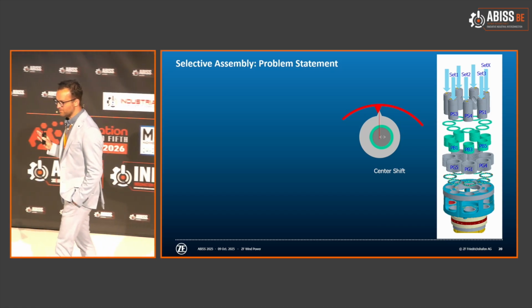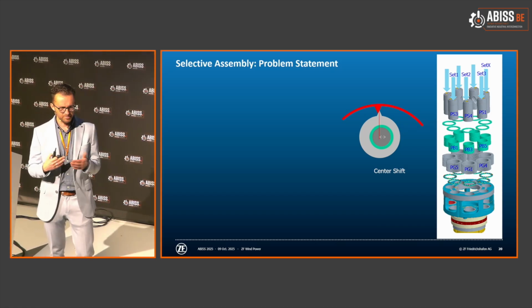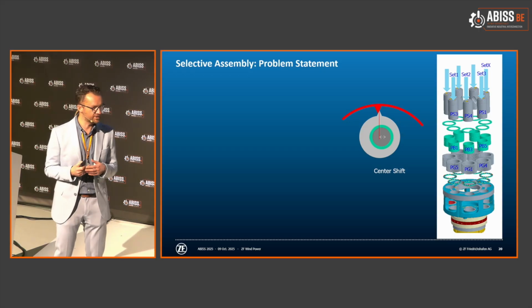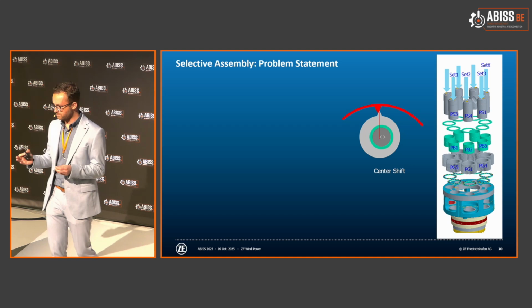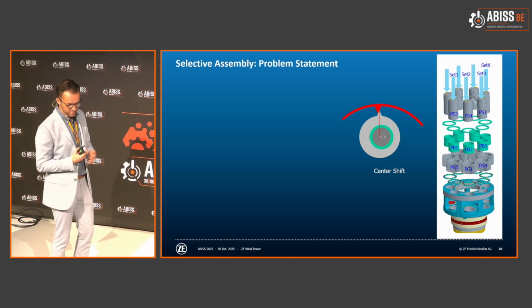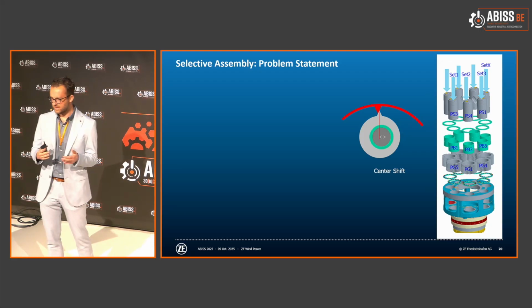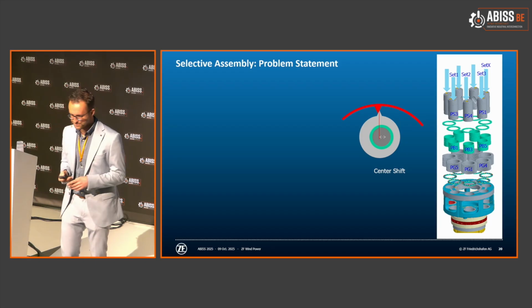We're talking about tens of millimeters or even less, but like said in the beginning, because the impact can be so high, based on the tolerance chain for each of these components we have, it is possible that we end up with what is called a center shift, meaning that the gear is not dead on in the center where it actually should be.